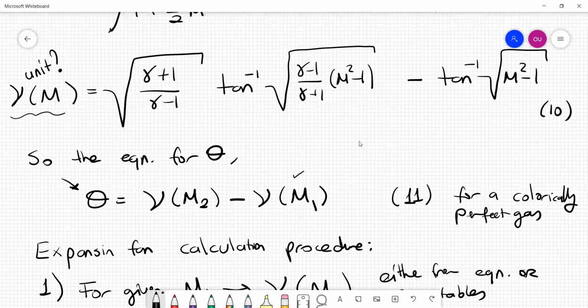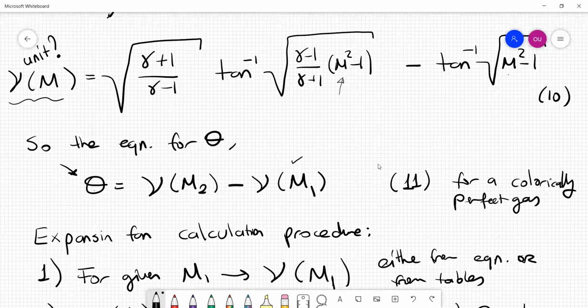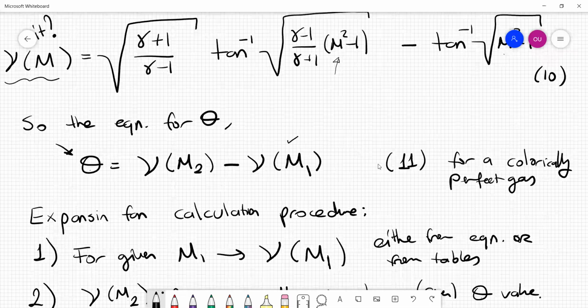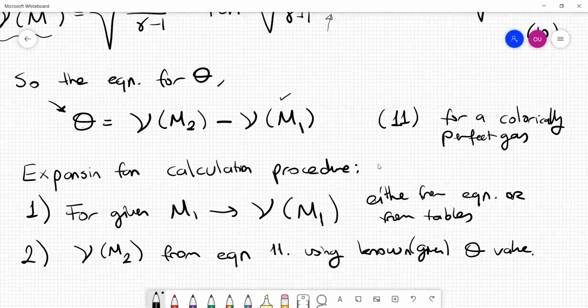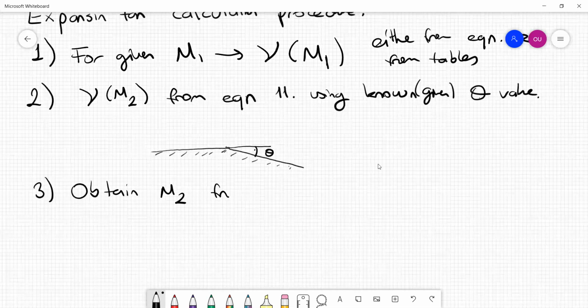Of course, doing this through this equation is not that straightforward. Giving the left-hand side and trying to come up with the Mach value that satisfies the equation is not straightforward. So basically we use tables again, and we obtain the M2 value from tables.